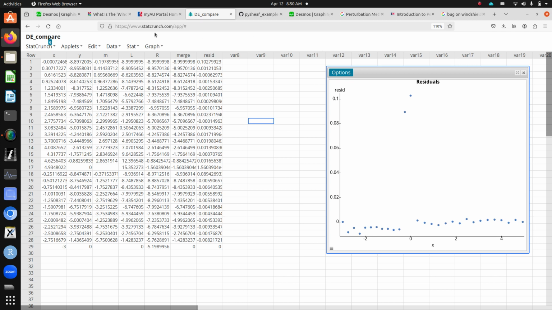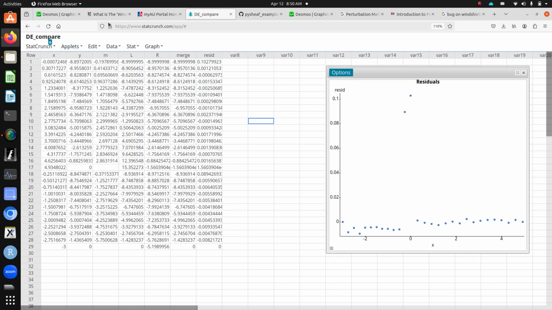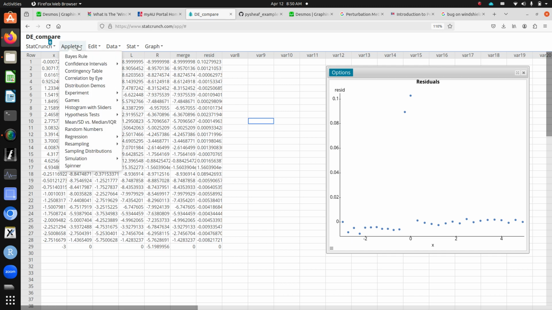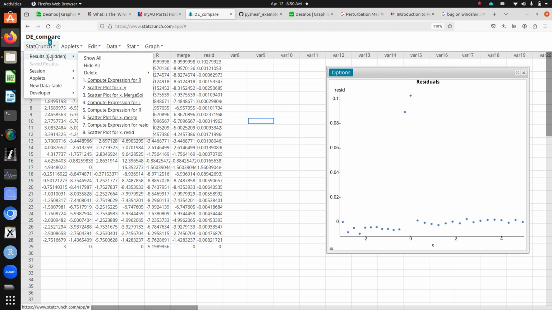So this is the x and y that came out of that calculation. Let's look at how this compares to the correct solution.